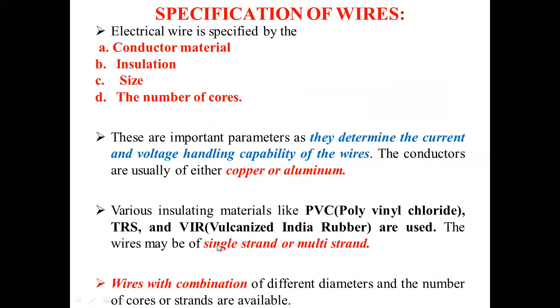The wires may be single strand or multi strand. The cable required for a house is different from the cable required for an industry, so based on the capacity to carry electrical current, the specification of the wires is differentiated. The commonly used conductors are either copper wire or aluminum wire.